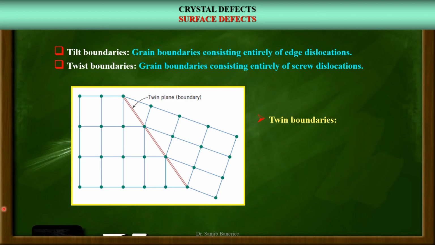Another type of grain boundary is the twin boundary, which is shown in this figure. The twin boundary is a grain boundary where the crystal structure on one side is exactly the mirror image of the other side. So these are a few examples of the types of grain boundaries.